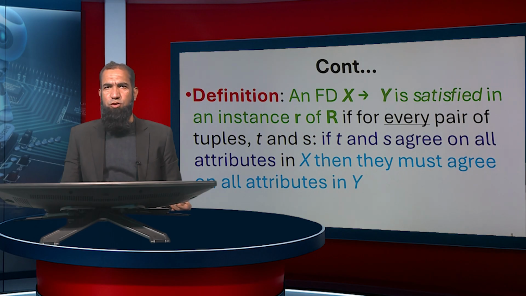If that condition holds true for all pairs of tuples in the table, then the functional dependency is said to be satisfied in that relation instance. This formal definition is very important because it provides the foundation for checking whether our database design obeys the intended dependency, something we will use later during normalization.